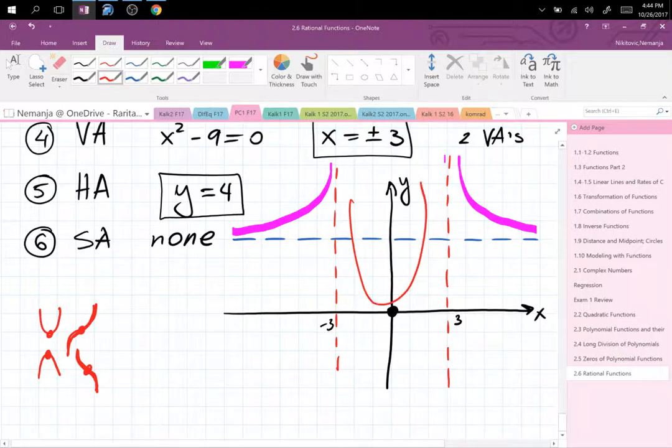U shape like this? Why? Because you guessed, because it's x squared. Well, tough luck, it doesn't work that way. You can't say, oh, it's x squared. It's because that x squared is divided by another x squared, and you have 4, right?